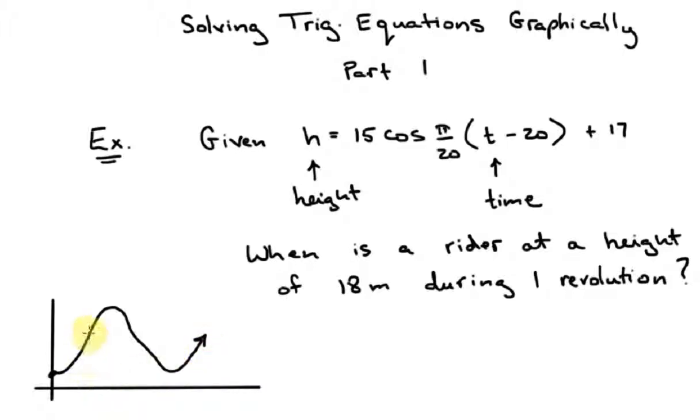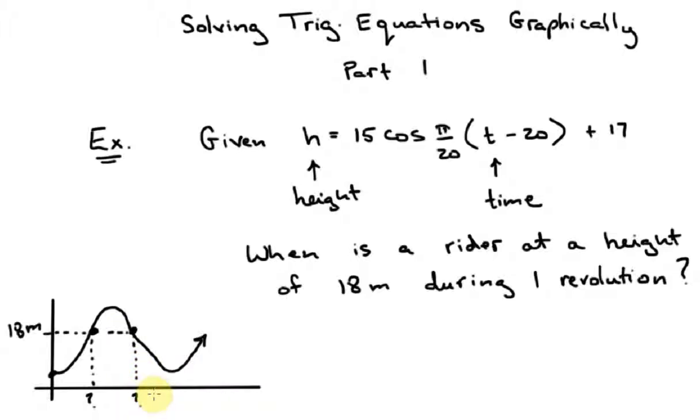We want to know when is the height here, let's say along here. At what time do they hit 18 meters on the way up, and then 18 meters on the way back down? That's the question. We want to know what are the times. So what is the time on the way up that we hit a height of 18, and then what's the other time on the way down?